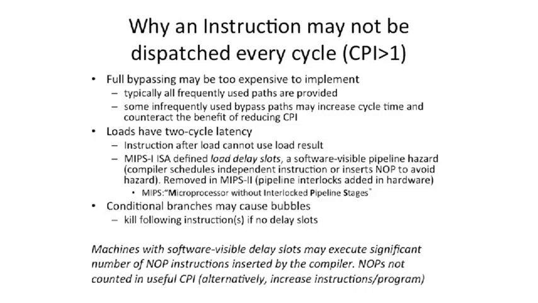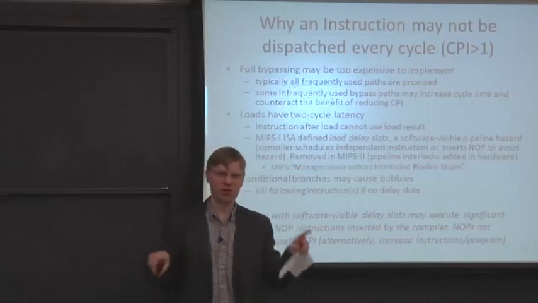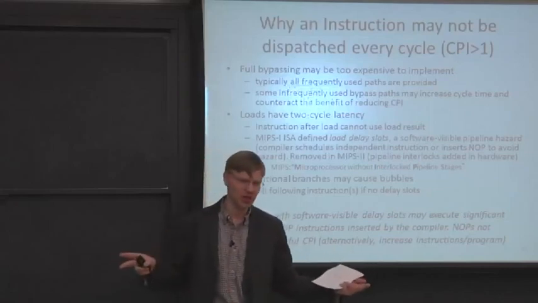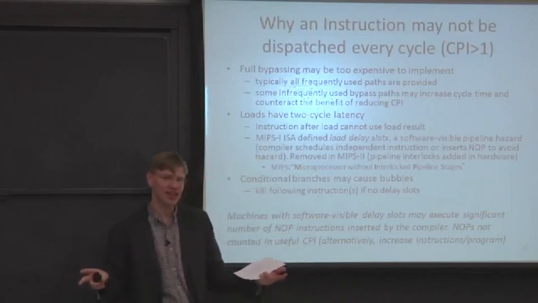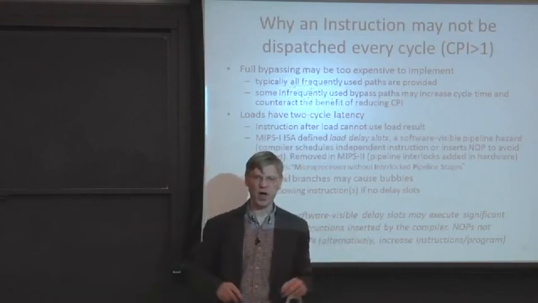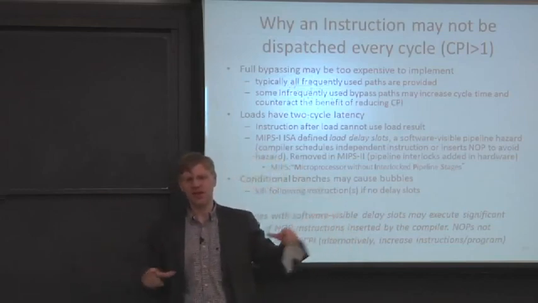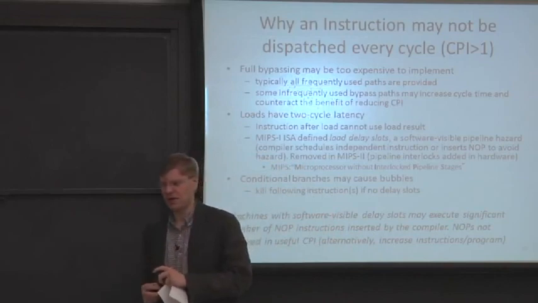A good example of this is if you go look at a modern day machine, something like your Core i7. They actually don't bypass between all the different functional units from all the different locations, because they can execute about 6 instructions per cycle, and they have many stages in the depth of their pipe, so they'd have to be bypassing out of 100 different places for every new source operand.